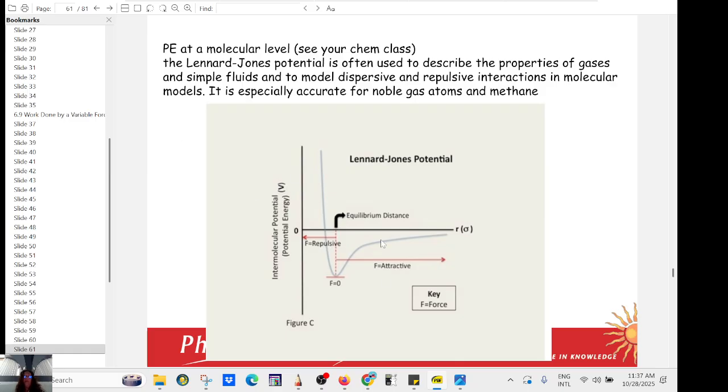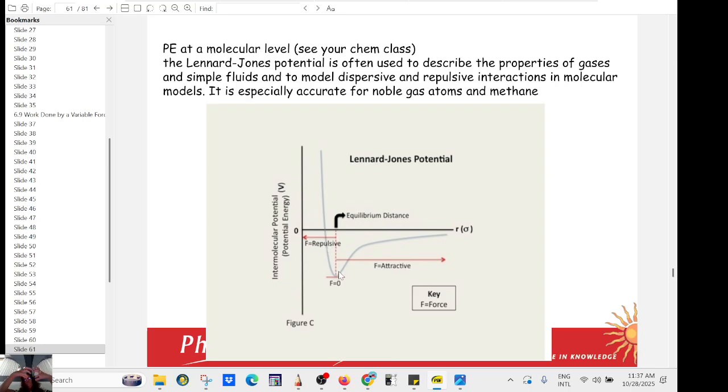It has a lot of application in chemistry. Maybe you took this advanced class? It's called the Lennard-Jones potential. It applies to very simple molecules. If you have two hydrogen atoms and you have a hydrogen molecule, hydrogen gas, there is an ideal distance between them. If you move them close to each other, it's not going to be happy. You're going to have a repulsive force.